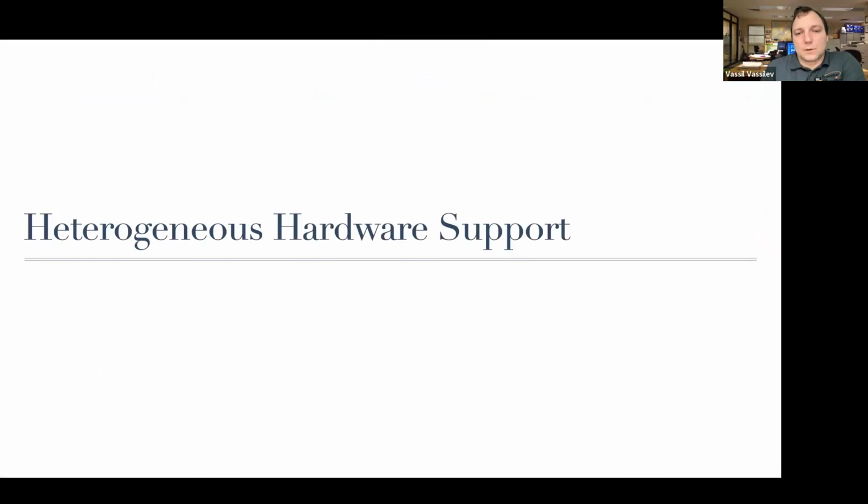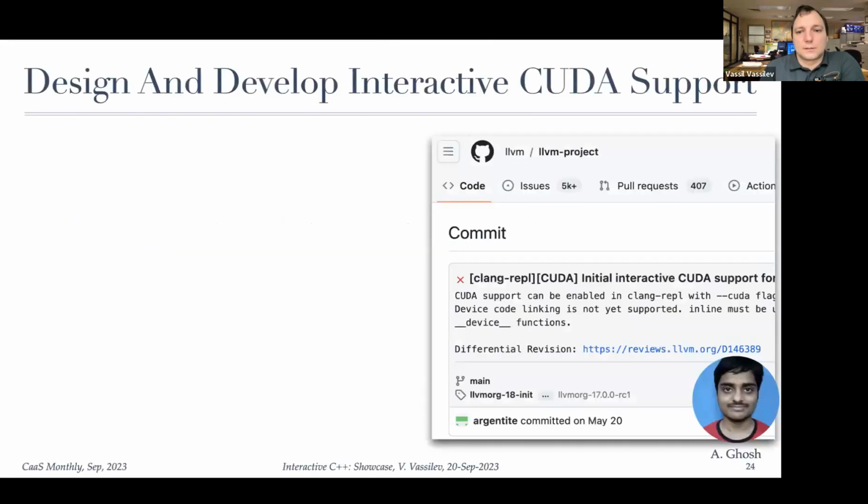Because data science, especially for exascale, needs to be able to adapt to the hardware that's behind it. So what we did is we designed and developed the interactive Cuda support.